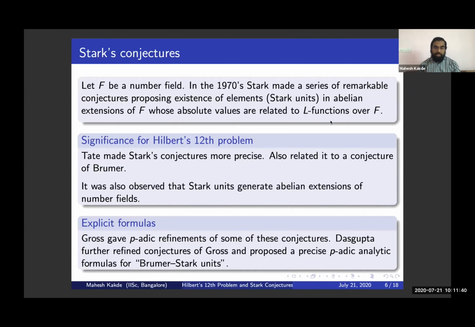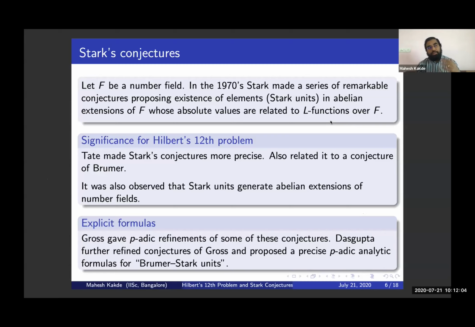At first, Stark's motivation was this: you take Dirichlet's class number formula, which gives you the leading term of the Dedekind zeta function at s equal to 0, and it gives a formula for that in terms of the class number, a regulator, and the number of roots of unity in that field.